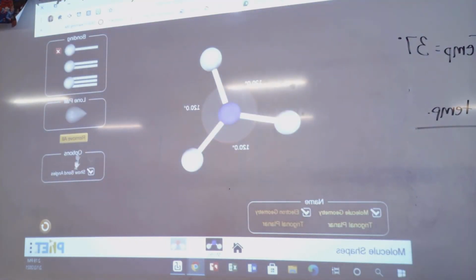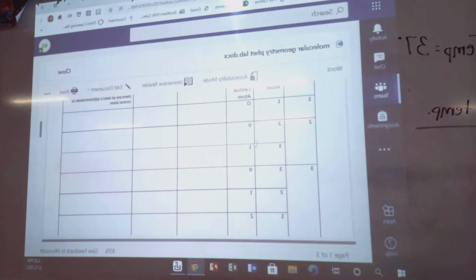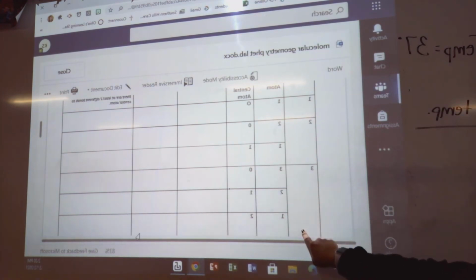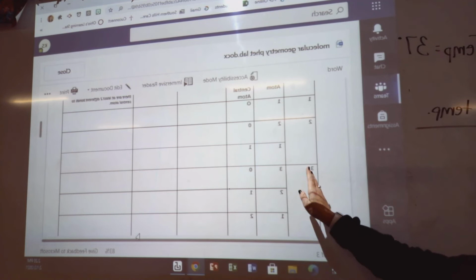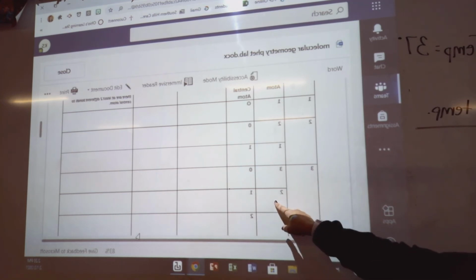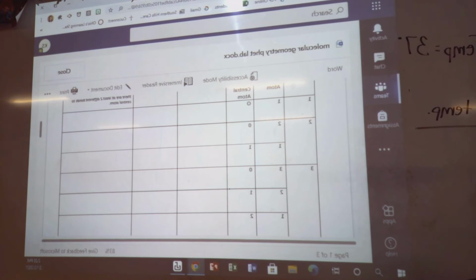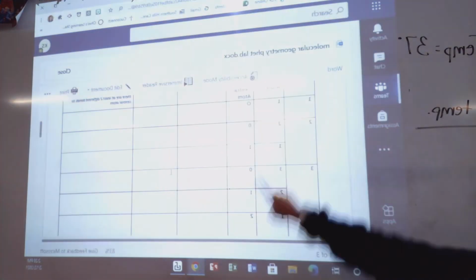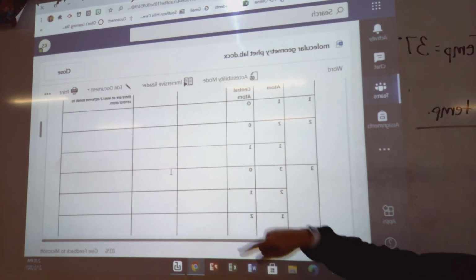All right, and then I'm going to remove it again, go back to my sheet, and build this one. It's still in the row 3 because there's still 3 total things bonded. But in this case, 2 of them are bonds and 1 of them is a lone pair. So I have to put 2 bonds, and then 1 lone pair.